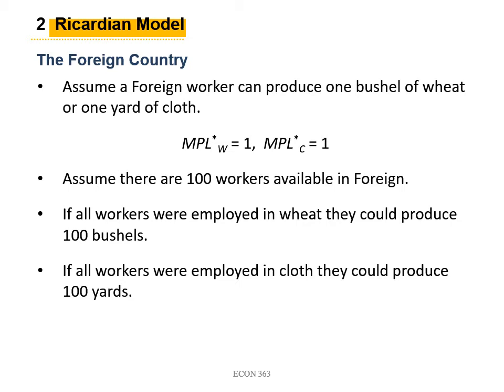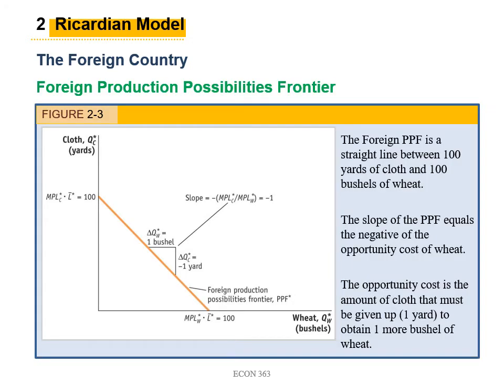We'll assume 100 workers available in the foreign country. So the foreign country has a bigger population, if you like. But the marginal productivity of labor is different in the foreign country. Here is the foreign country's production possibility frontier. It's a slope of 1 to 1. So this slope is steeper than for the home country.